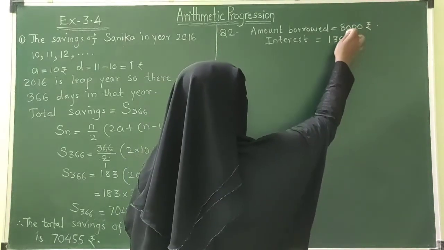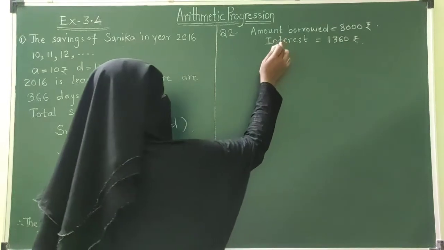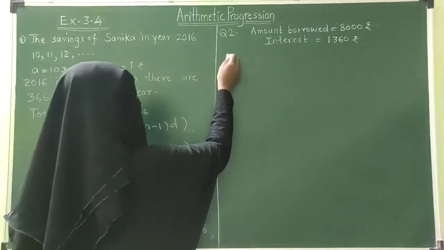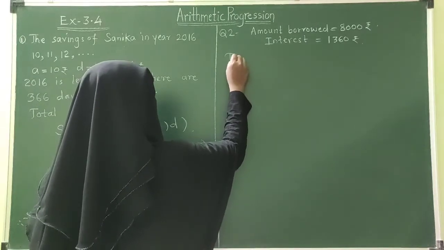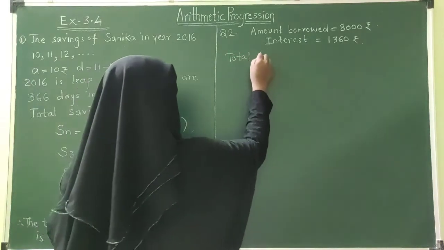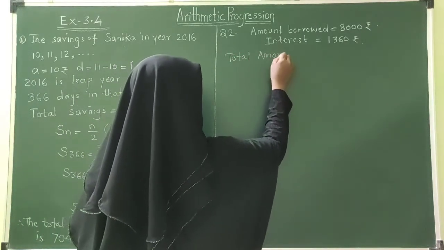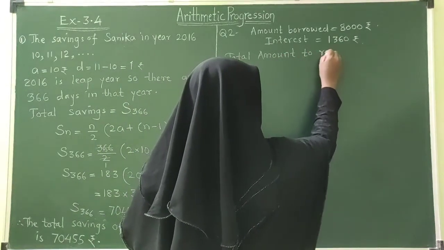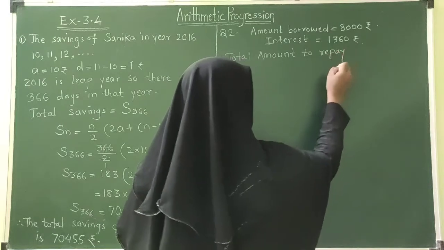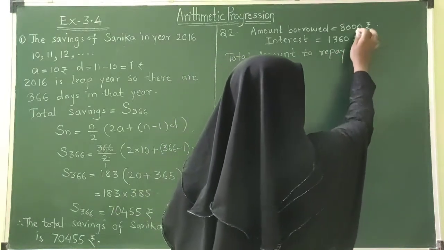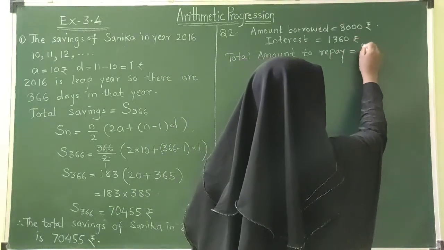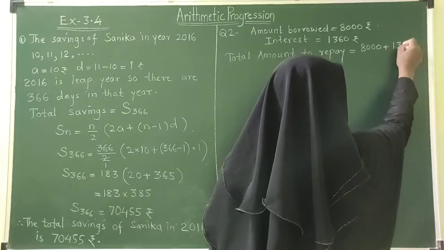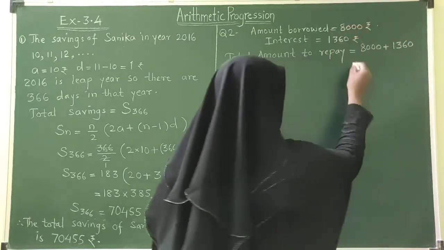So the total amount he has to pay in 12 installments is equal to total amount to repay is equal to addition of these two, 8,000 plus interest 1,360.